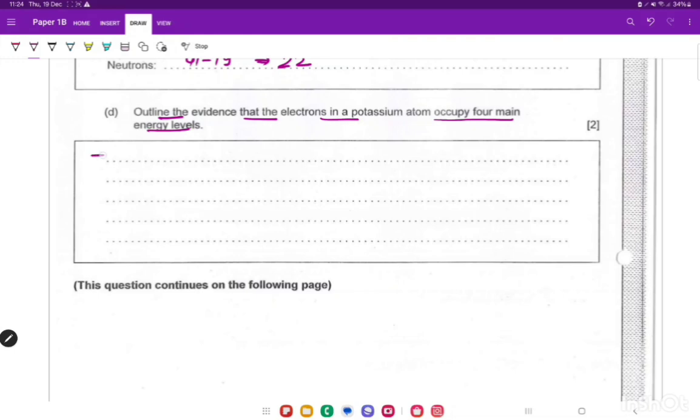The first evidence is that the last electron of potassium enters the fourth shell.